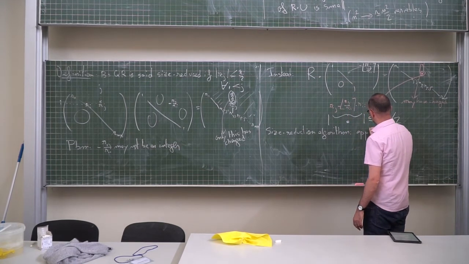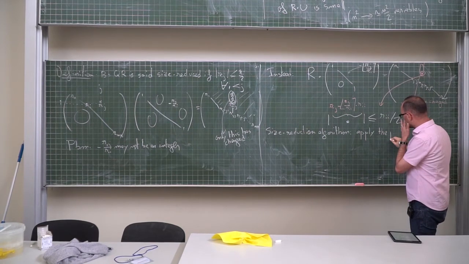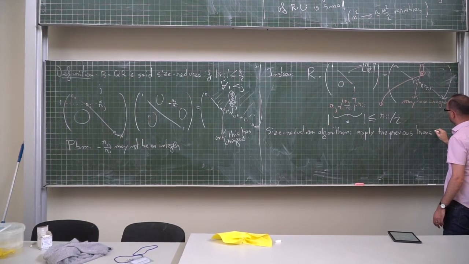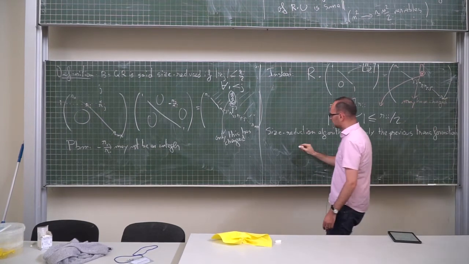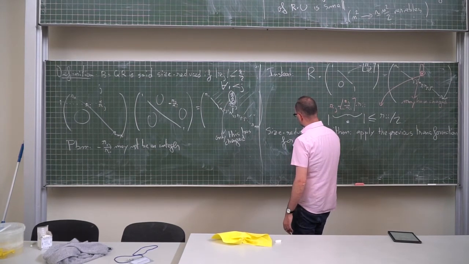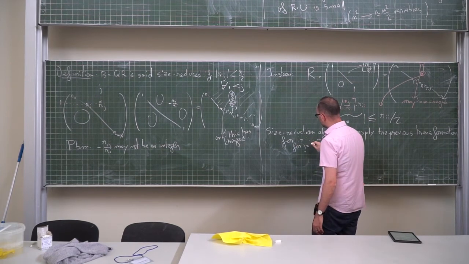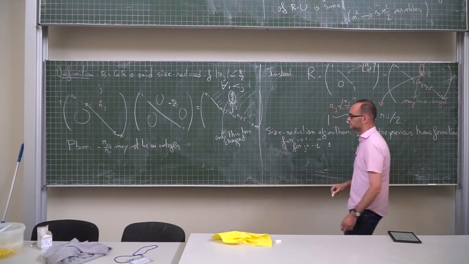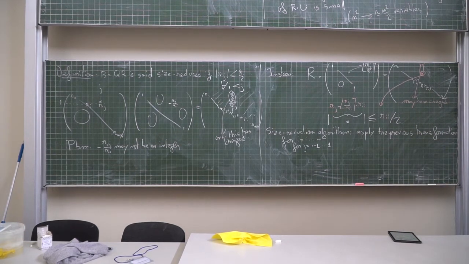Apply the previous transformation for I equal 1 to n, and for j equal I minus 1 down to 1. Okay. And if you do it this way, your whole R matrix will be size reduced.